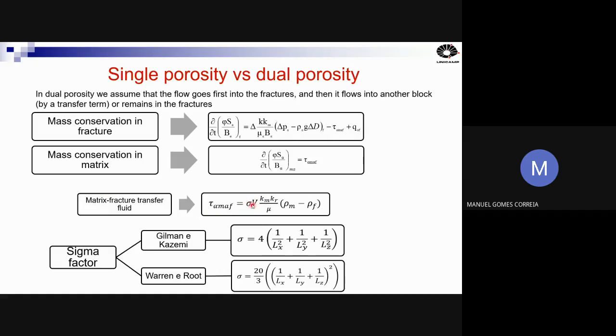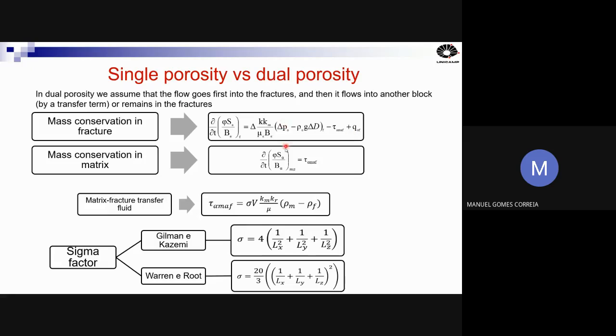It is a function of fracture spacing, of the volume of the block, so the block size, and also of the matrix permeability, relative permeability, the viscosity of the fluid, and the difference between the pressure in the matrix and fractures. Then we also have a source term that represents an external source, like a well.